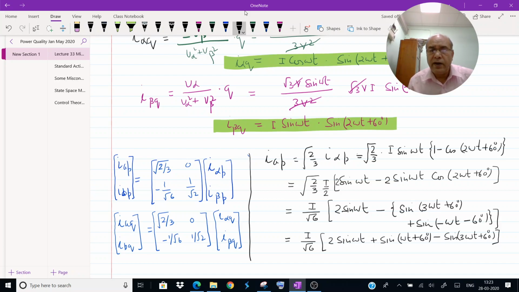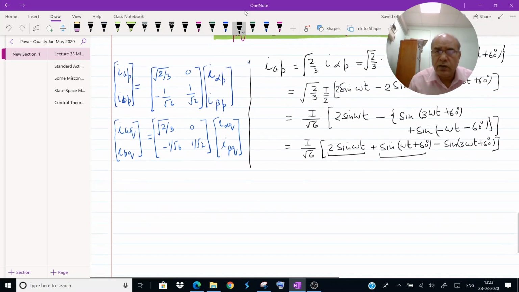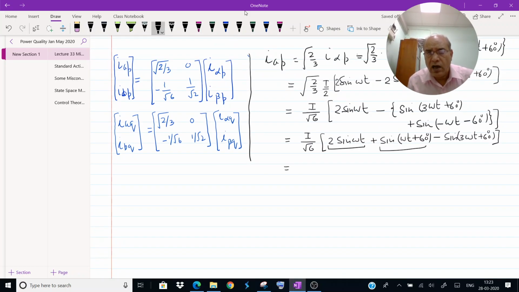These two can be further combined because they are similar frequency terms, either using phasors or by expansion of these two. And finally, this becomes I by root 6 sine omega t plus 30 degree, and the magnitude is actually root 3 sine.